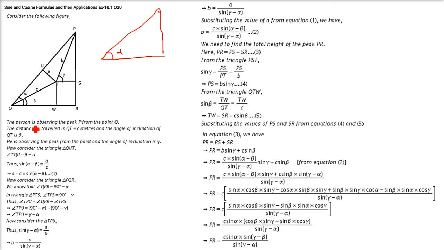So let me tell you that the person is observing the peak P from Q. The distance he traveled is QT, so he travels a distance C, and now at the angle of elevation beta. So this is angle beta. Now when he reaches here, he sees this angle as angle gamma. Now let us see this triangle.